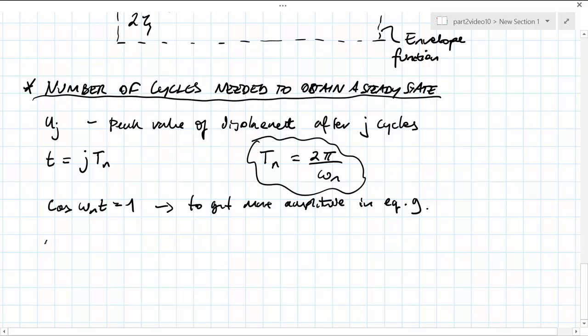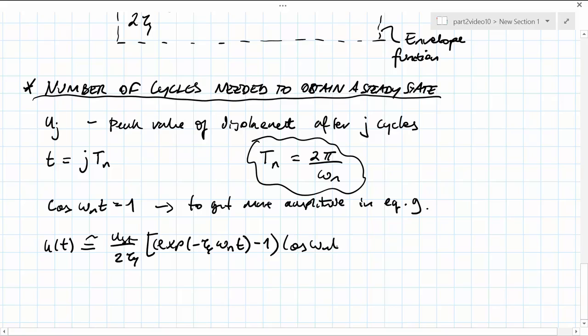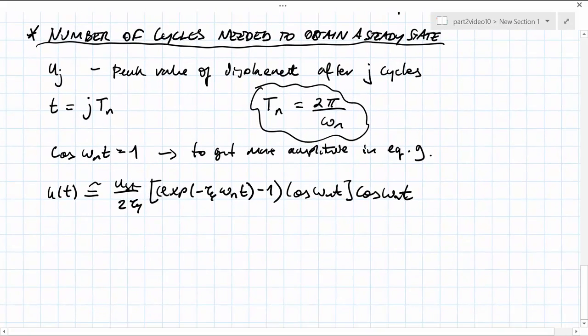So, writing down again equation 9, which is u static over 2 zeta times the exponential function of minus zeta omega n t, minus 1, times cosine omega n t. Then with these assumptions, we can modify this equation.